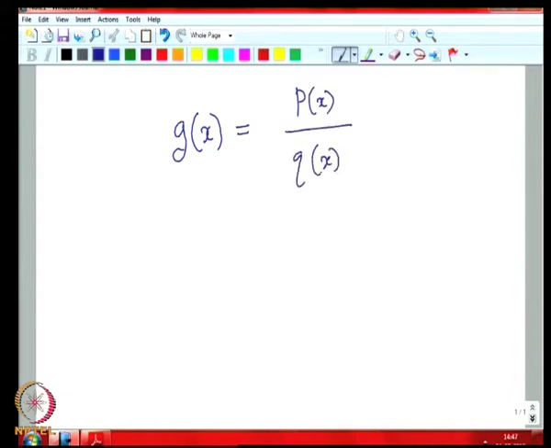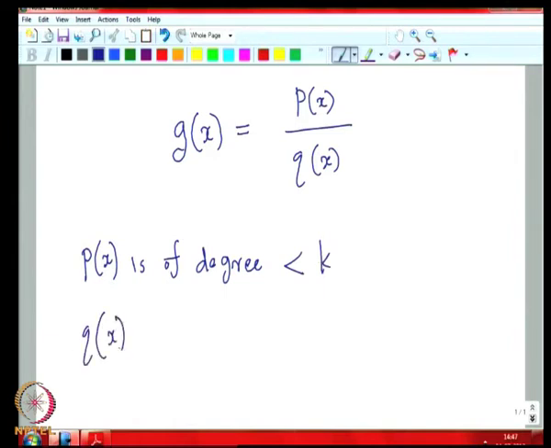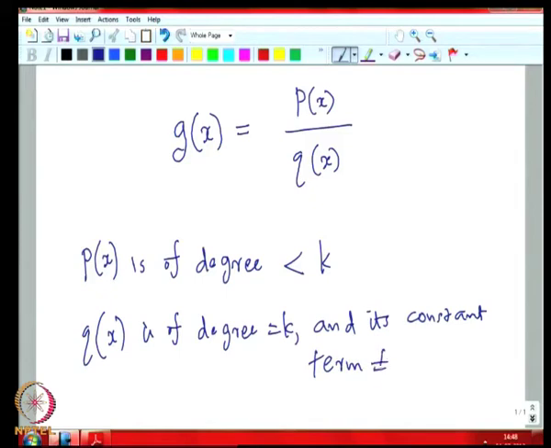And what are the properties? p of x is of degree less than k and q of x is of degree equal to k and its constant term is not equal to 0. This is what we have, two conditions about p of x and q of x.